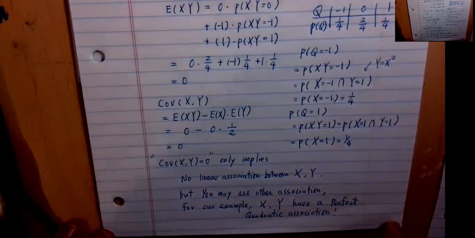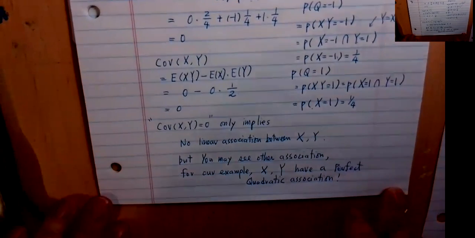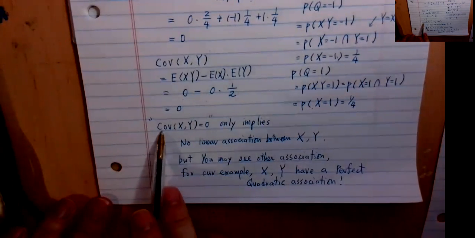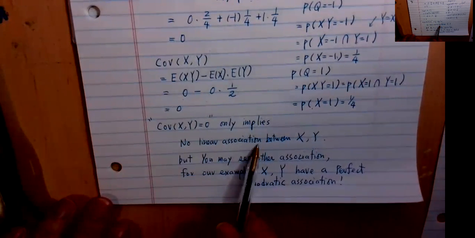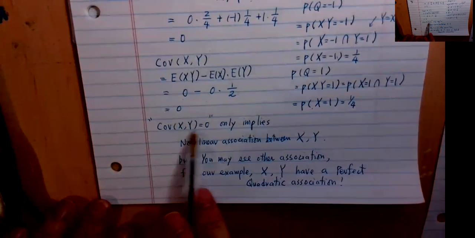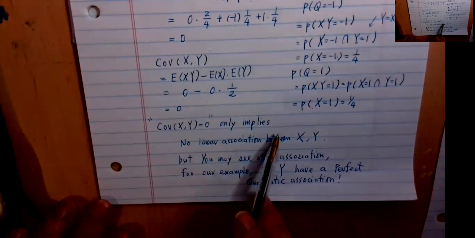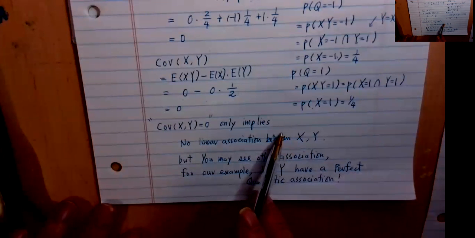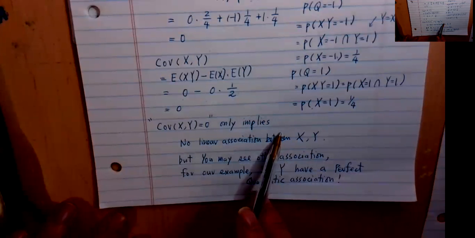So let's go over this again. Covariance of x and y equal to 0 only means no linear association. So it doesn't mean x and y are independent. But when I say x and y are independent, it implies no association, therefore also implies no linear association.